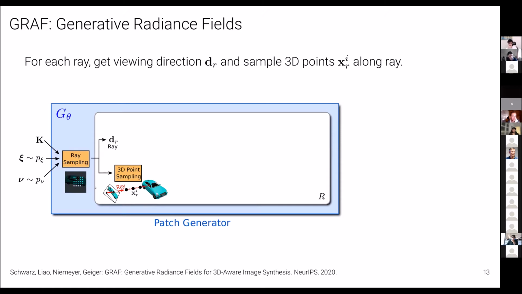For each of these pixels or rays, a pixel and a ray is the same thing here, we can sample 3D points along the ray, as in the neural radiance field approach, which we need for volumetric rendering of the image. So we sample the space along these rays.